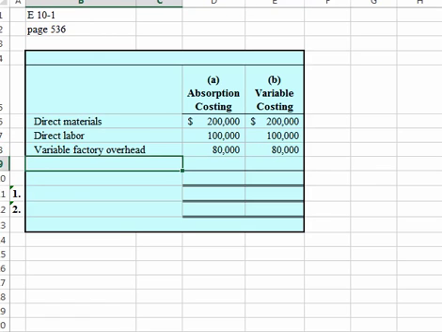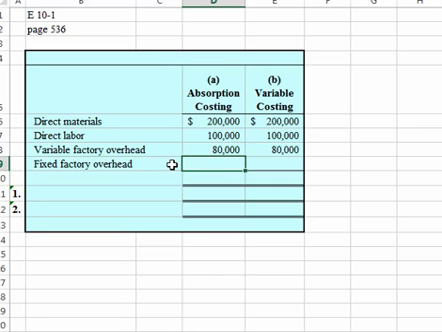And then fixed factory overhead, under absorption costing, we'd pick it up, $60,000. Under variable costing, we would not. Now, it doesn't mean it just goes away.